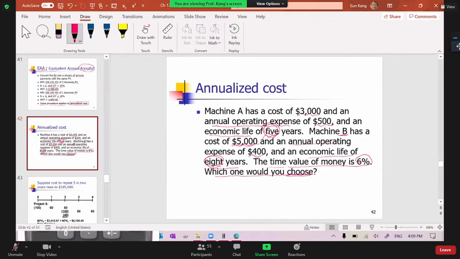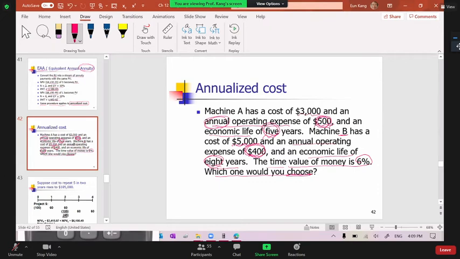So it's like this. For the annual operating cost, that means what? 500 is already annual, right? So you don't have to do anything about that. Already annual, right?